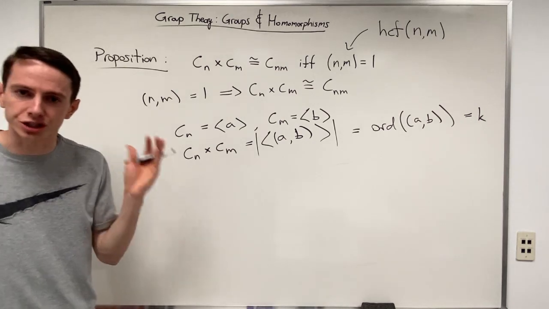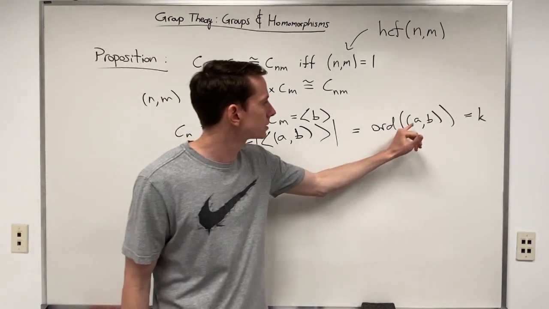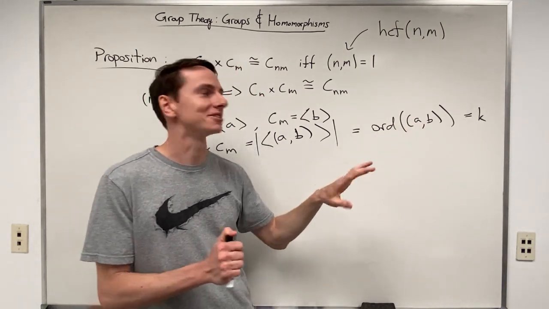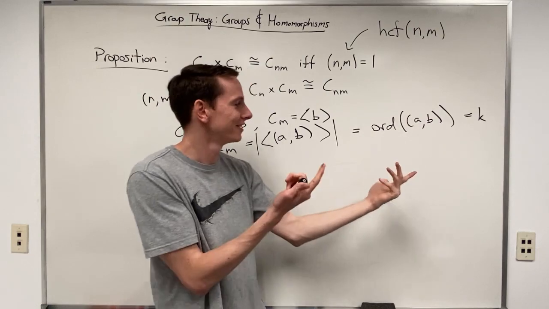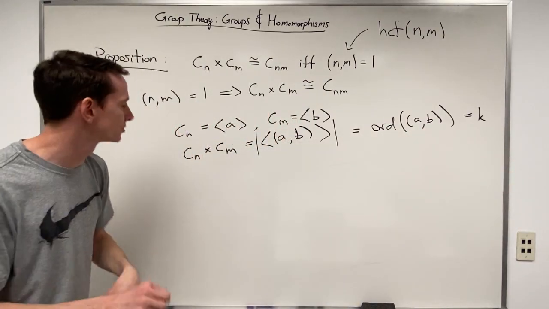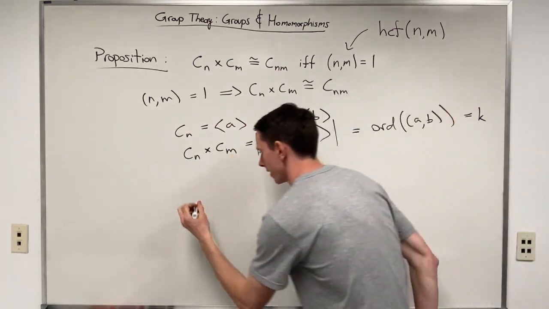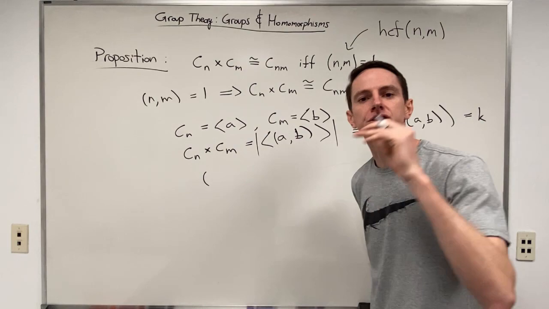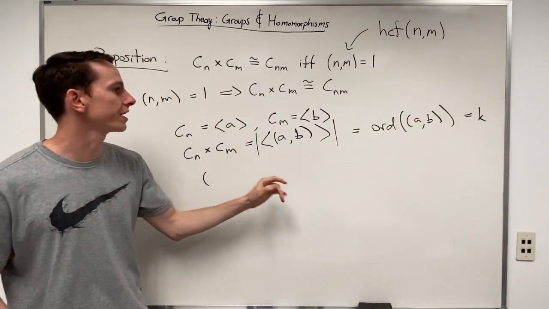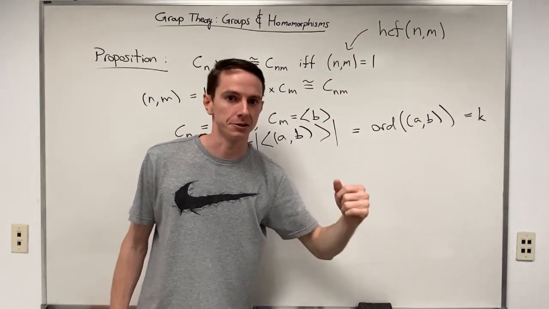And let's make sure we understand what that means. If the order of this ordered pair is K, what that tells us is that within this group Cn cross Cm, K is the smallest power that we could raise (A, B) to in order to get back to the identity element.